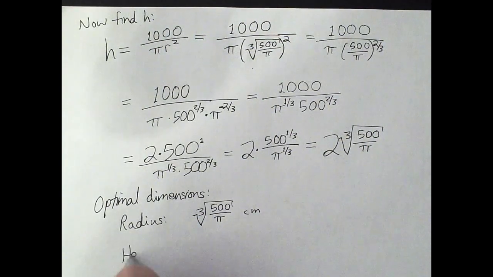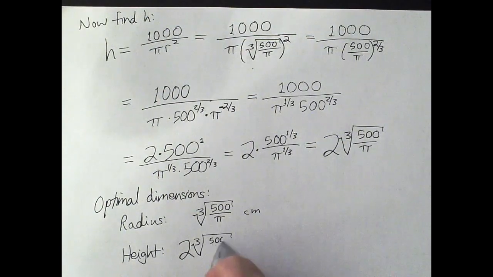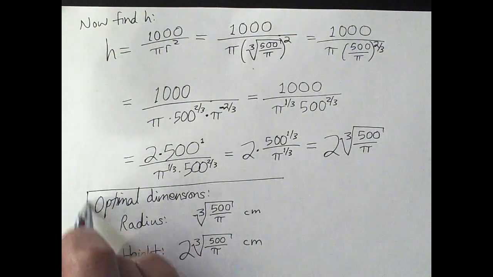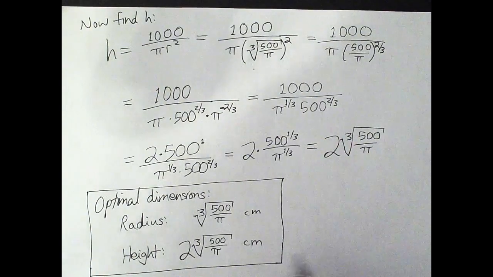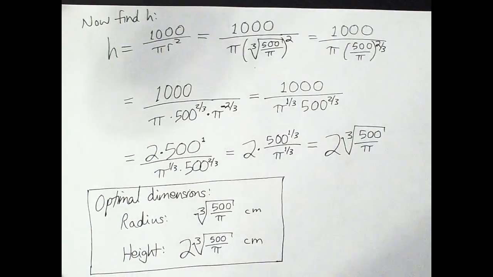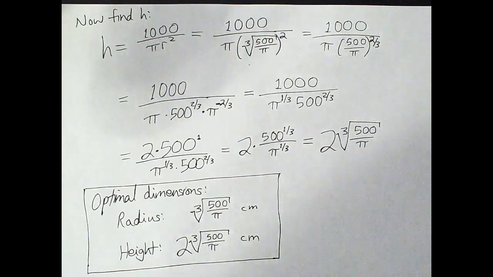And the height of the cylinder, we found that to be 2 times the cube root of 500 over pi. And the height is also in centimeters. So that is the best shape that you could make this cylinder, to hold 1 liter while using the minimum amount of metal. Any other shape that you try to make this can is going to use more metal and be wasteful and cost you more. This is the most efficient way, the optimal way to make the shape of the cylinder.